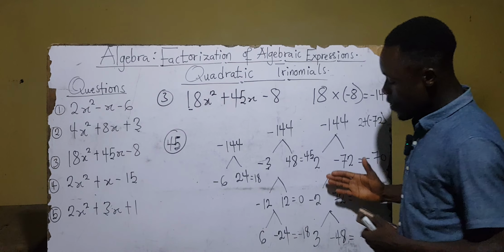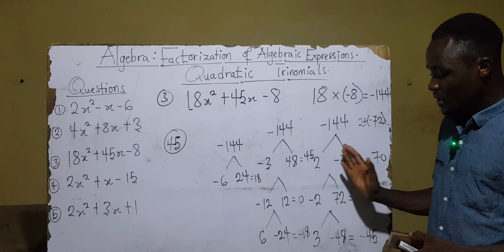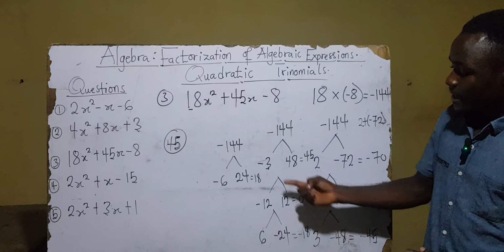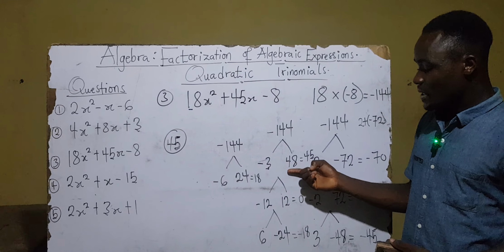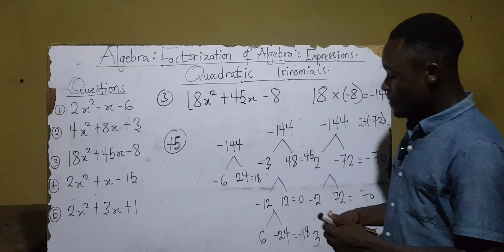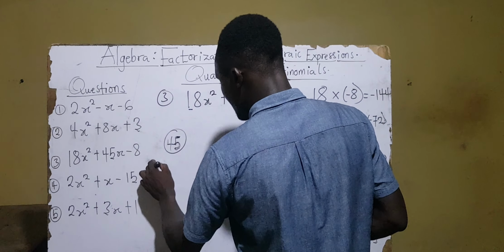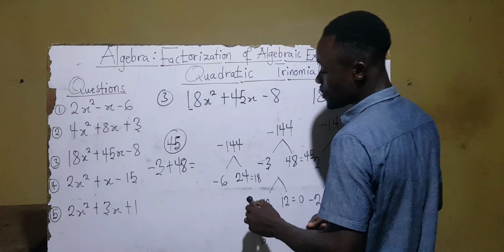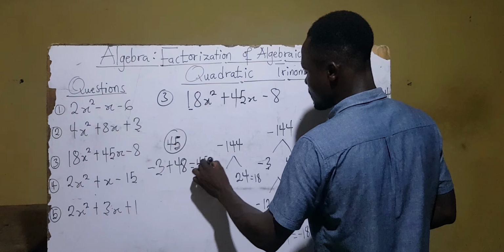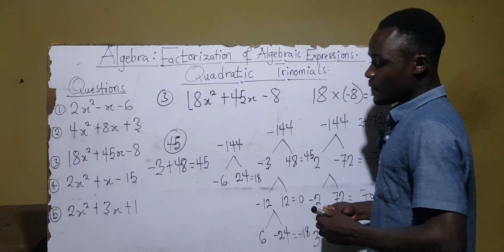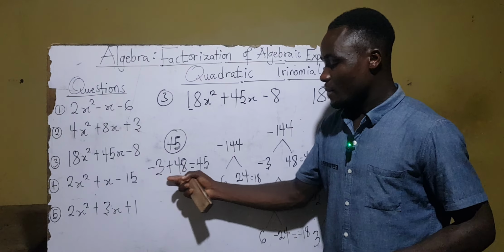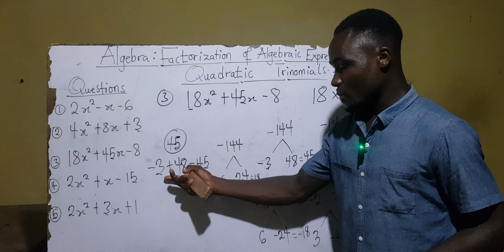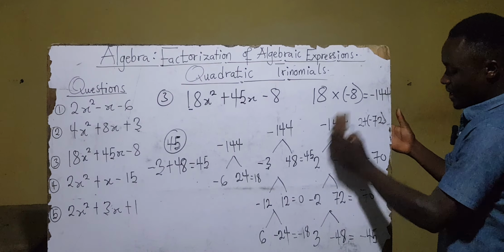So among all the factors that we have listed, it is only negative 3 and positive 48 that will work for us. Mathematically, when we add negative 3 plus 48, we are going to get positive 45, and this pair of factors does work for us. So we are going to pick only these ones. So we are done with this part.